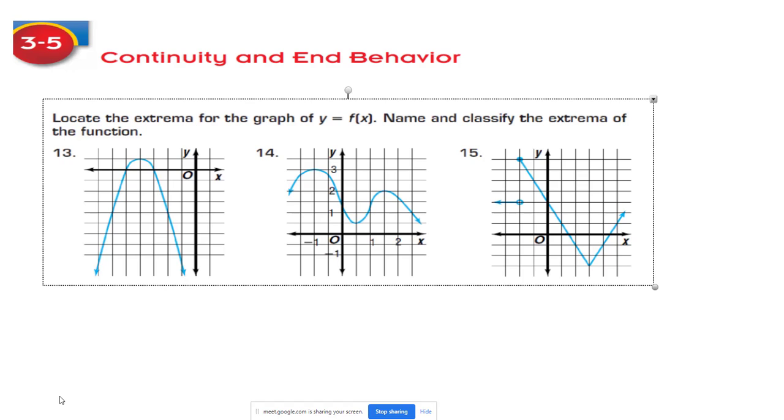So on the 3.5 page, what we want to do is think about what happens generally when you're doing math with more complicated graphs or equations.